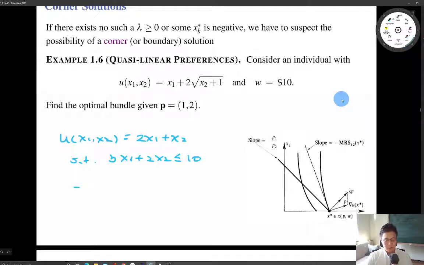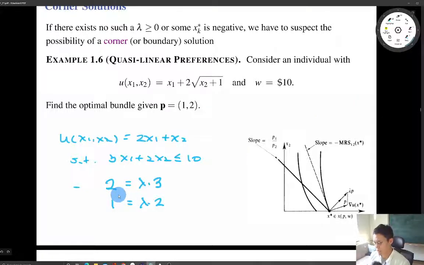So the first condition for stationarity is mu1, 2, equals lambda times P1, 3, and the second condition requires mu2, which is 1, equal to lambda times 2, right? So you can easily check there is no common lambda satisfying this system of equations.